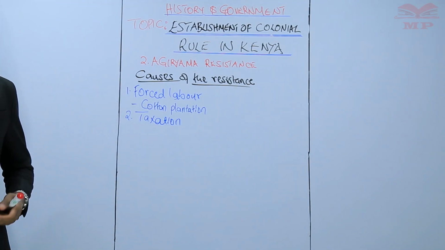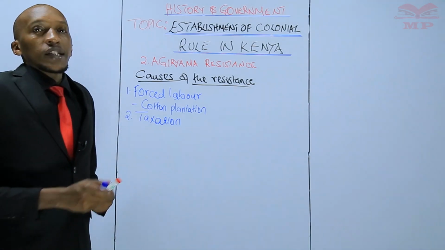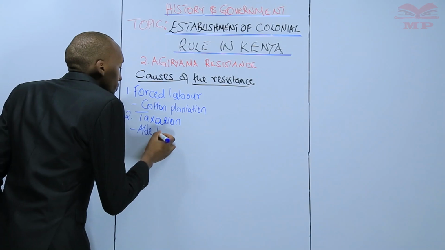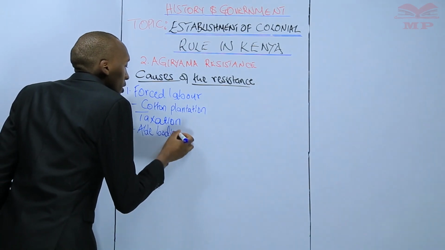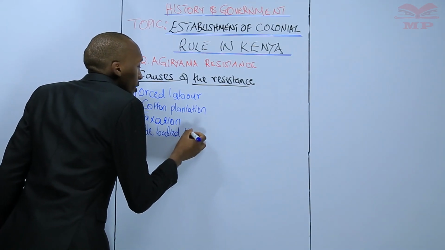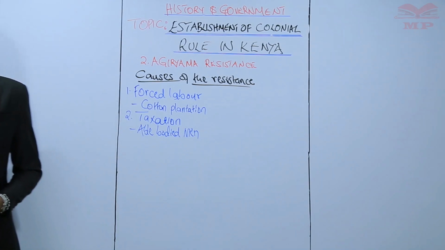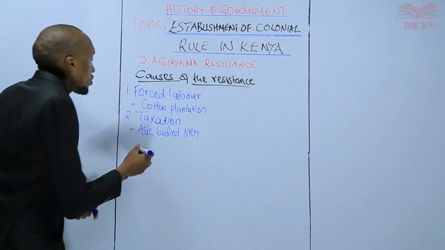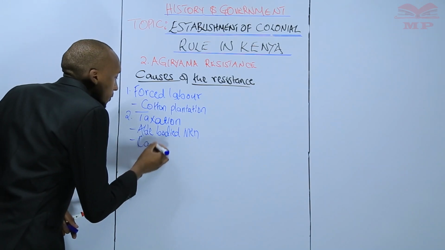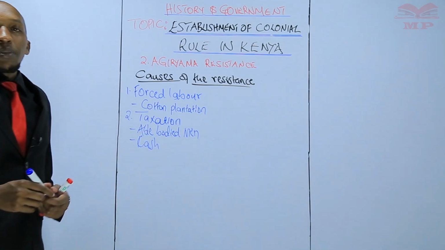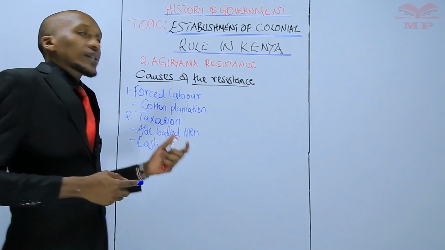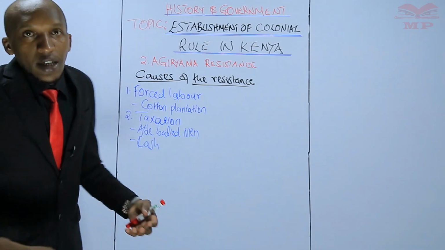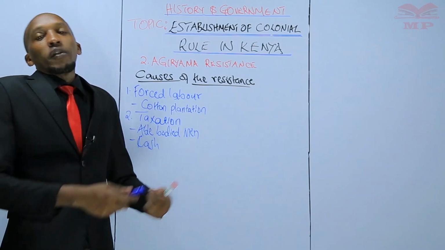The British required that each and every able-bodied man was supposed to pay taxes. It was supposed to be paid in cash. So this taxation really made the Agiryama people very angry, because they are paying tax because of existing.